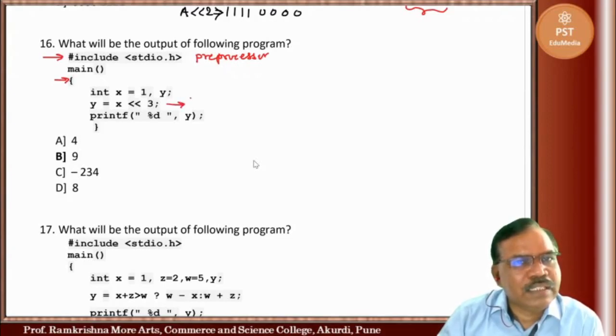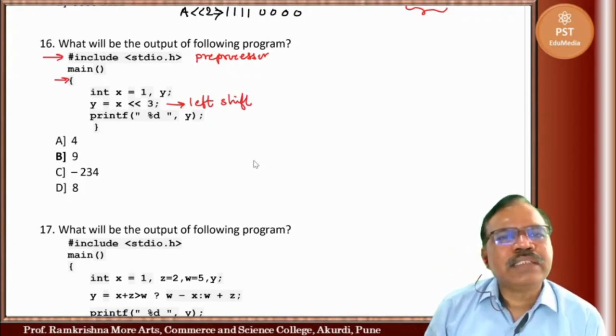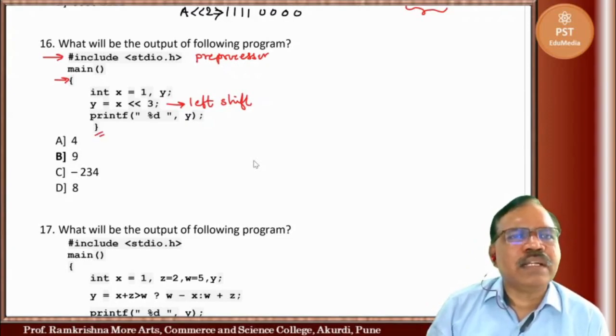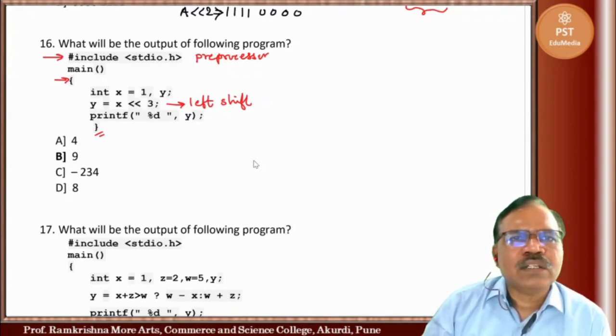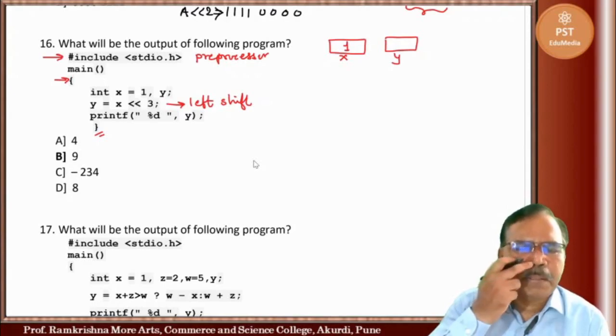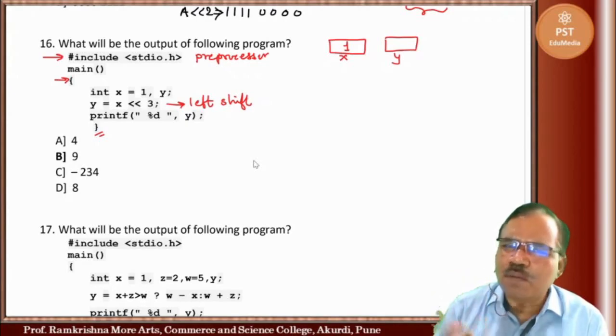Means here it is the bitwise left shift operator. And then printf %d y, and this bracket is completed. So the program is completed. So when we run this program, what happens? 2 memory locations are reserved, one for x, another for y. And at the memory location of x, 1 is stored, and that is in the form of a binary number.